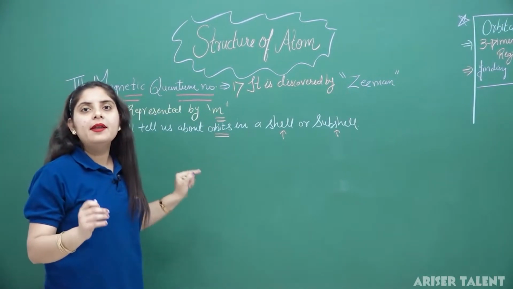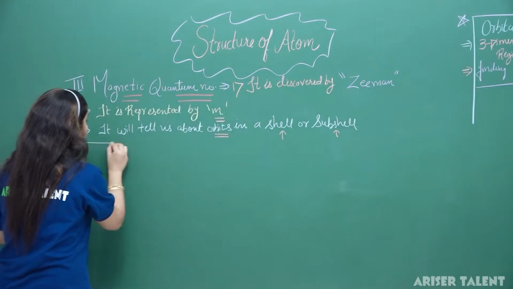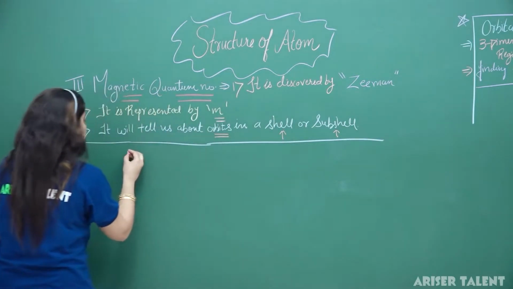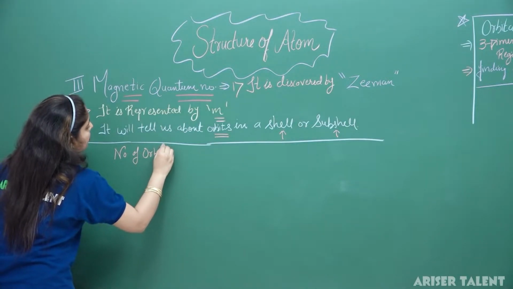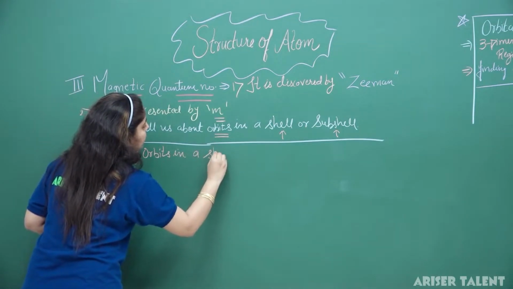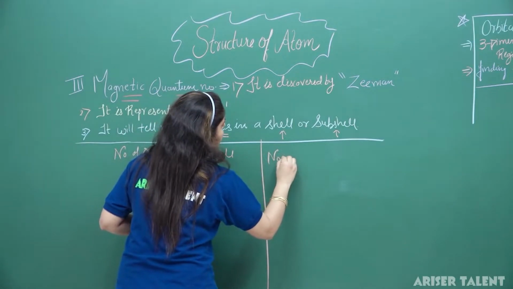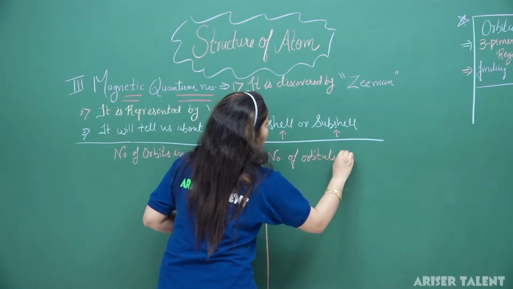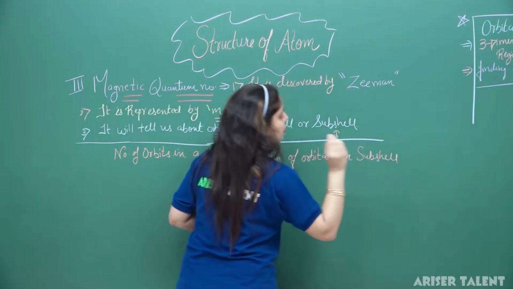Now we want to calculate the number of orbitals in a shell or a subshell. So what we will do? We will write number of orbitals in a shell or number of orbitals in a subshell.